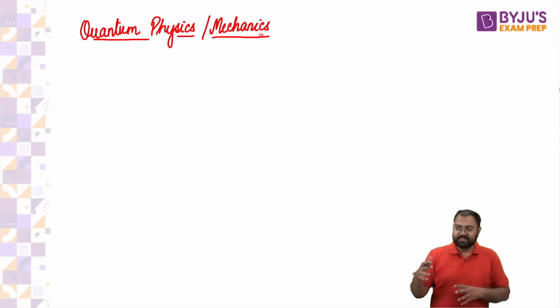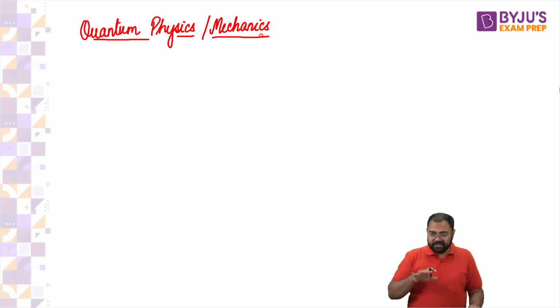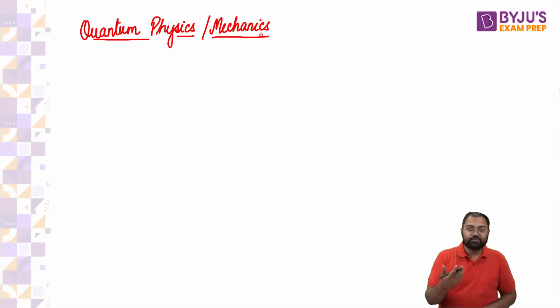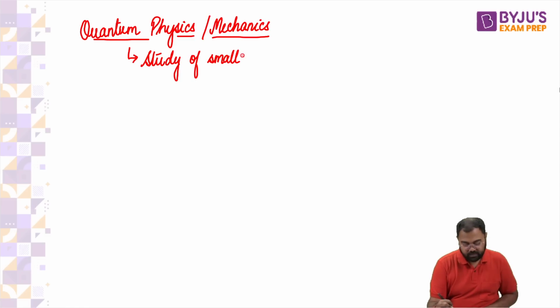When it comes to force, gravitation, etc., it's very different compared to what happens at the atomic level. There is a completely different set of principles that guide them, and that is what quantum physics or quantum mechanics is. So you can say that this is the study of small particles.